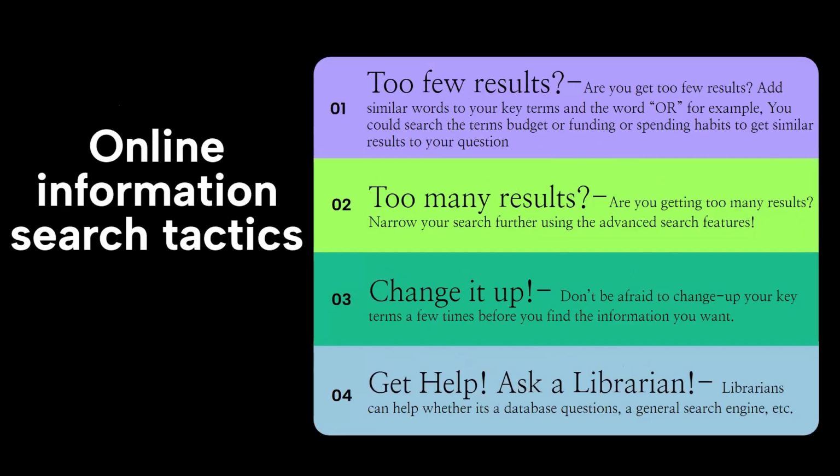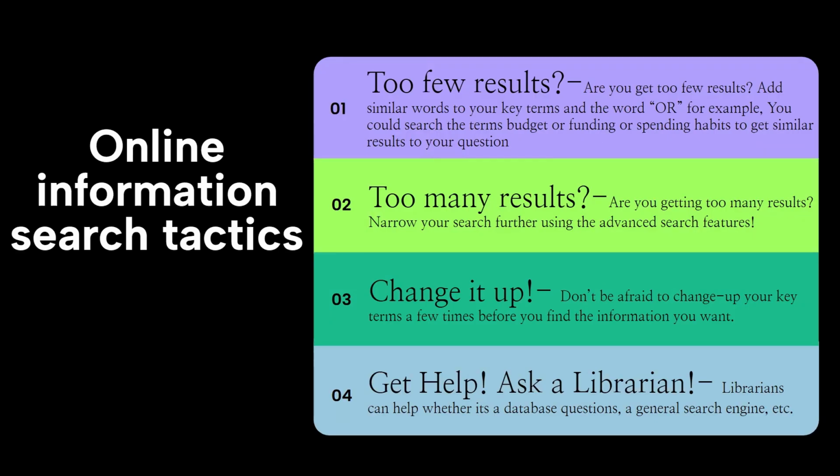Number five is where we start narrowing our results. So we have too few results or too many results. For too few results, if you want to broaden how many articles you get, you can find words similar to your keywords that will help get more results. You can also add words like "or" in between them, and that will give you more options.